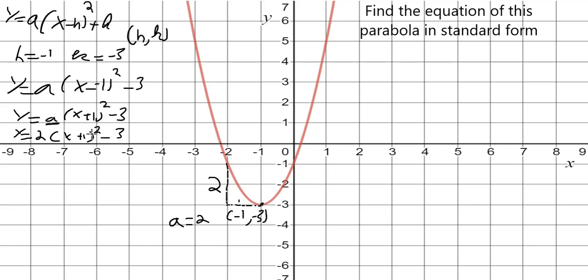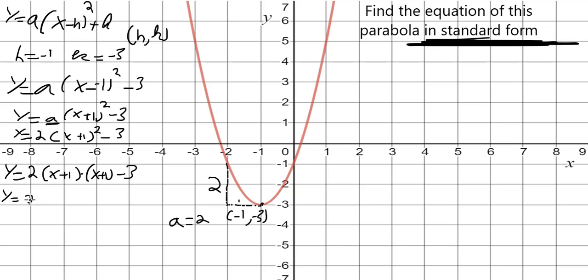That's great. I found the equation in vertex form, but the question asks for it in standard form. So now I have to distribute. This is going to be y equals 2 times x plus 1 times x plus 1, because x plus 1 squared is that thing multiplied by itself, minus 3.